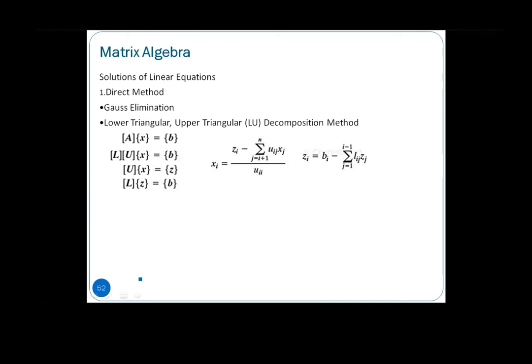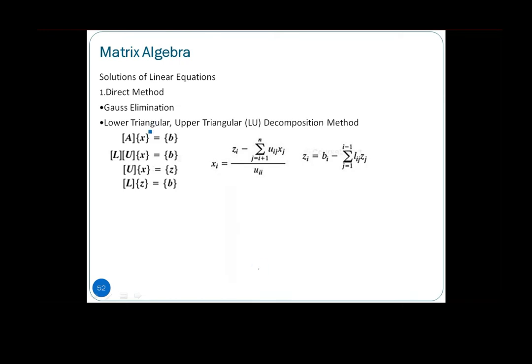Also here, if you're using matrix forms, then you can use another method called lower triangular, upper triangular decomposition. Basically, you have Ax equal to b, and now we want to find x.